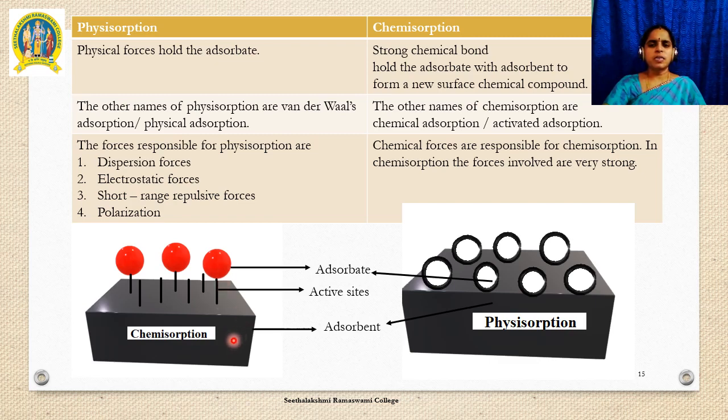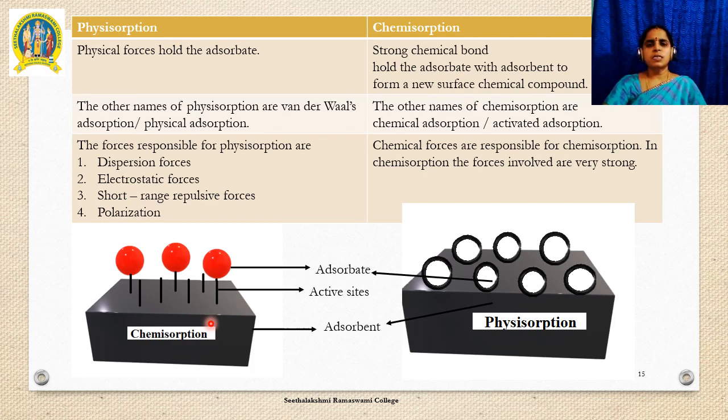This is called chemisorption. In chemisorption, a new surface chemical compound is formed. The other names of physisorption are van der Waals adsorption or physical adsorption. The other names of chemisorption are chemical adsorption or activated adsorption.